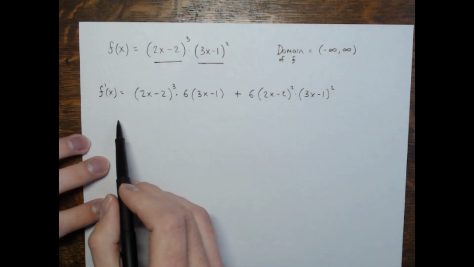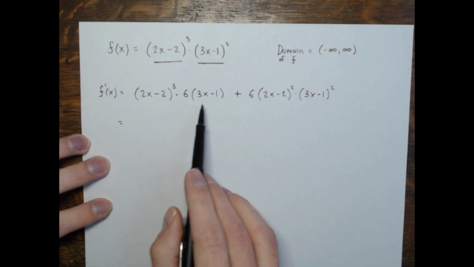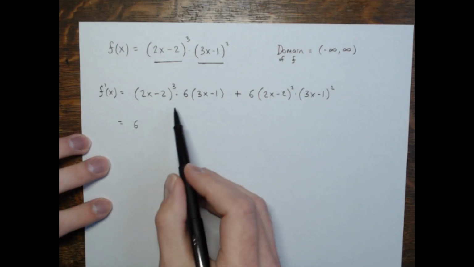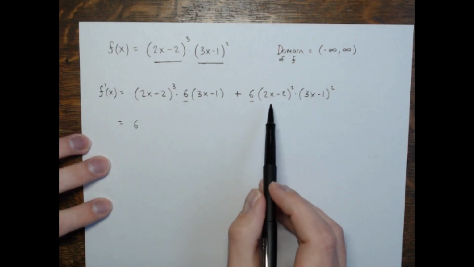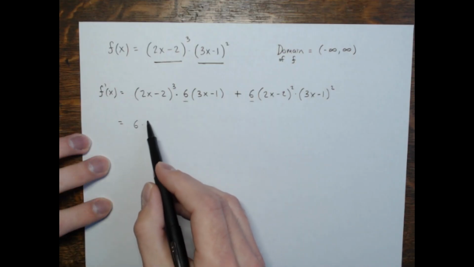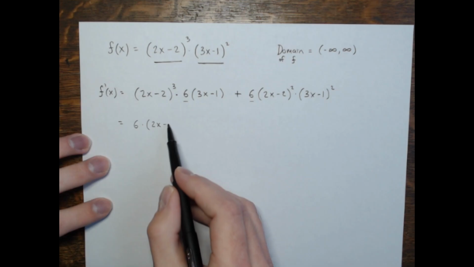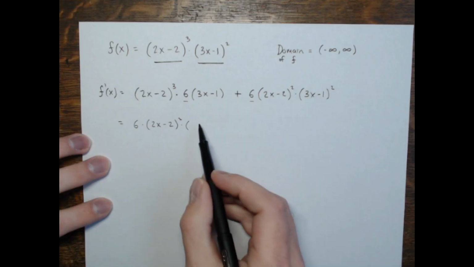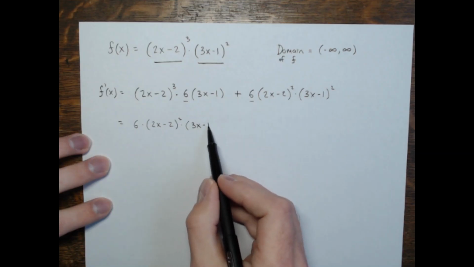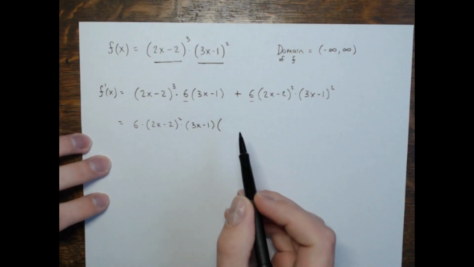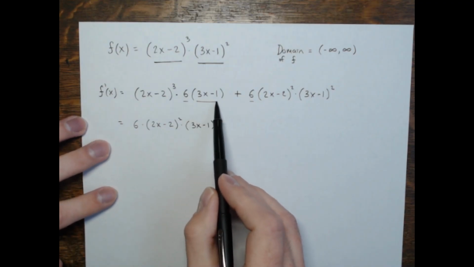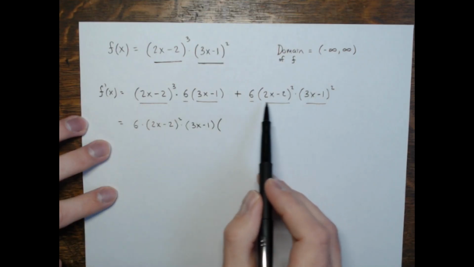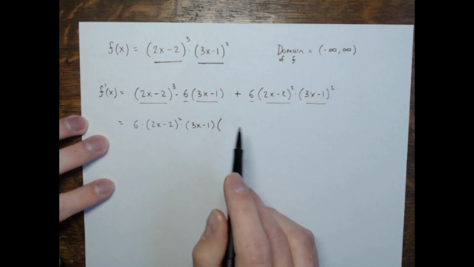All right, and then I'm going to factor some stuff here. Notice that both of these have a factor of 6 in common. They have 2x minus 2 squared in common. And they both have 3x minus 1 to the first in common. If I take out 3x minus 1 to the first, 2x minus 2 squared, and the 6, what's left over?